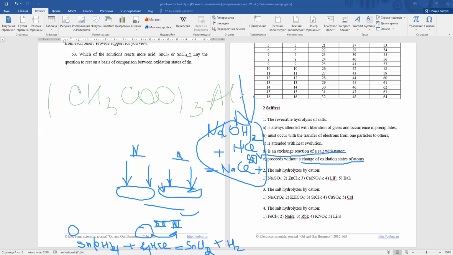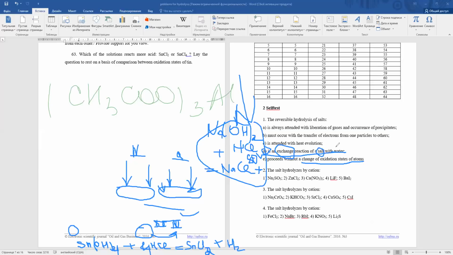This is a neutralization reaction, which can occur without any change of oxidation number. And D, it is a definition. It can be a definition because exchange means the shifting of the direction of the reaction.